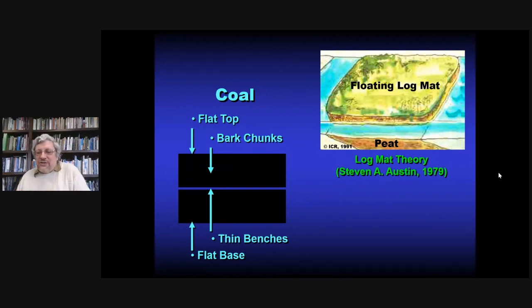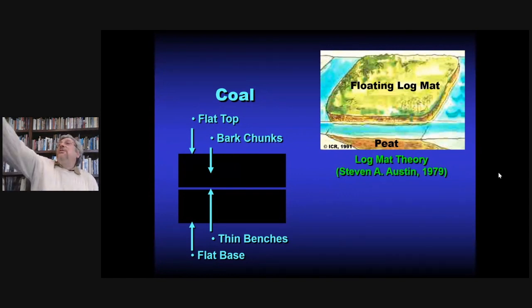And as the wind blows the floating log mat along, it drops this bark peat underneath it. And of course, it could easily do this on a flat surface, so create a flat base. And as long as the log mat was over the top of it, it would accumulate more and more coal, or vegetable material that's going to become coal.